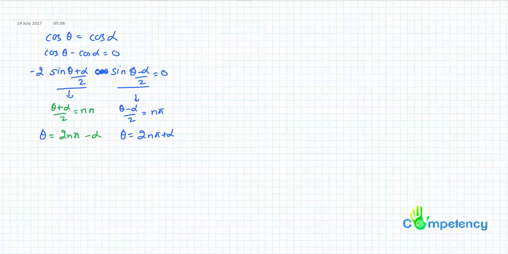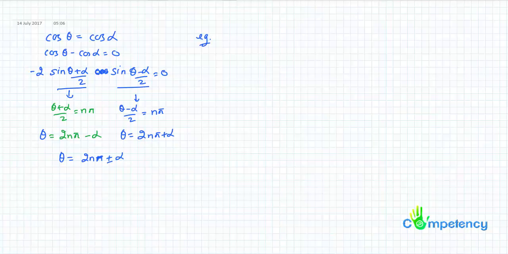So this is actually 2n pi, even multiple, minus alpha, odd multiple, plus alpha. So this can be simply written as any multiple plus or minus alpha. Both will be the values. So the final solution which we have is theta equals 2n pi plus or minus alpha.